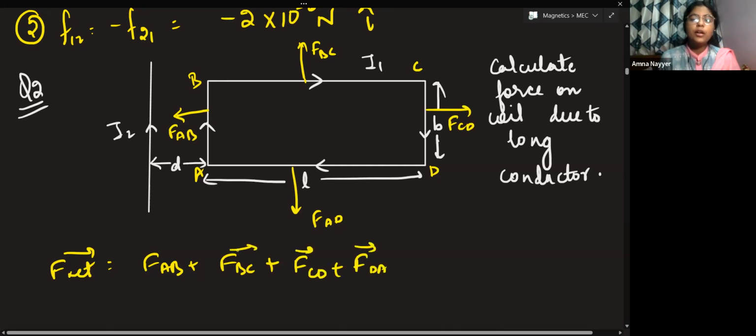Now, BC and AD, both of these forces will cancel each other, but FAB and FCD will not cancel each other.